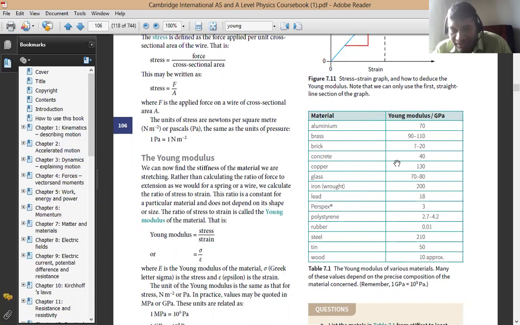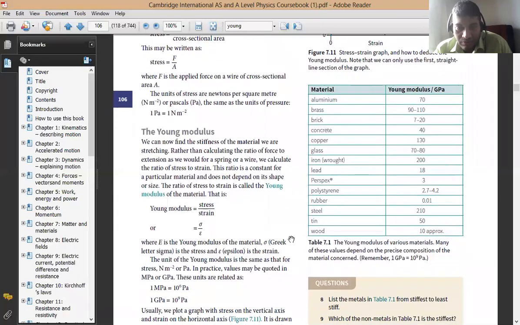The less strong or stiff a material is, the lower the Young modulus. Rubber has the lowest Young modulus here, at 0.01. Glass could be stiff, so it is 70 to 80. That is something we have to bear in mind.